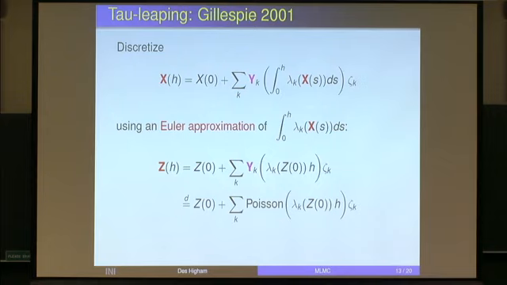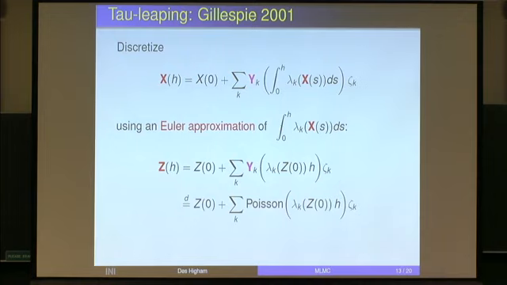So use the left-hand value of the integrand, and multiply by the width of the base of the integral. That's going to give us our approximation process, which I'm calling Z. So rather than the exact integral, I'm now doing something discrete. I'm taking the left-hand value of the integrand times the length of the interval.